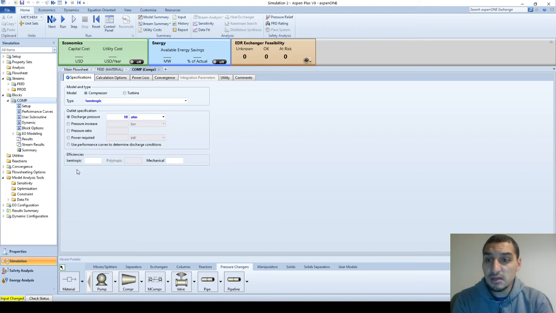And here you don't have to define the efficiencies, because there are some default values that will be used if you do not provide yours. So in the isentropic efficiency, it tells that you have to define a fraction between 0 and 1, or 10 to the minus 15 and 1. But its default is 0.72. So if I don't put any value here, it's going to be taken as 0.72. The mechanical efficiency is similar, but its default value is 1.